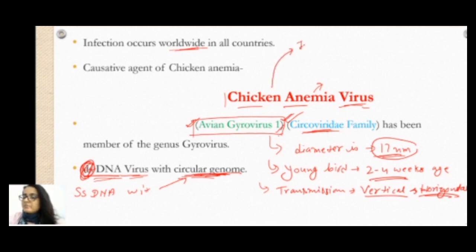It suppresses immunity and mostly infects the lymphoid organs, the organs and cells that produce immunity in birds, like the thymus and bone marrow, and suppresses the immunity of the birds.